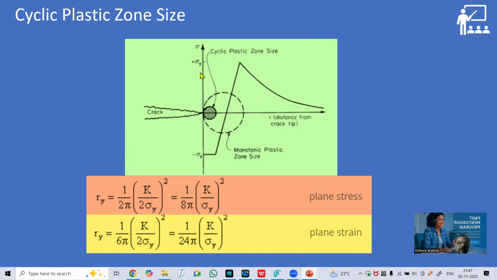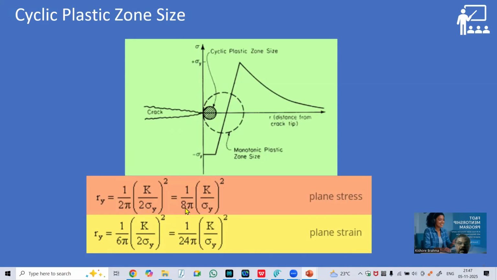So it travels from plus sigma y to minus sigma y. And the plastic deformation that occurs due to the compression is known as the cyclic plastic zone size. It is given by 1/4 of the plastic zone size created due to monotonic loading in plane stress.